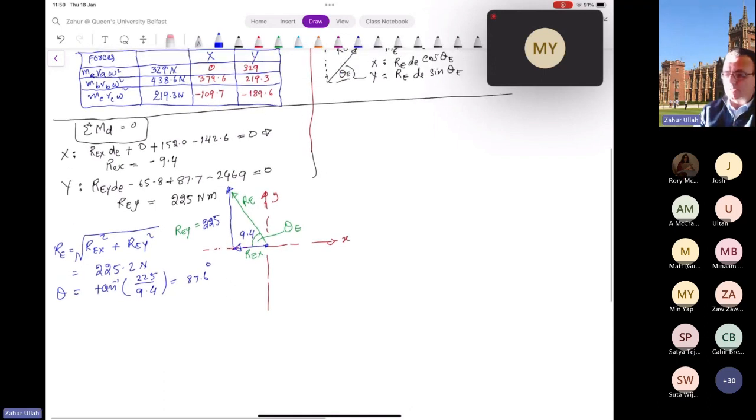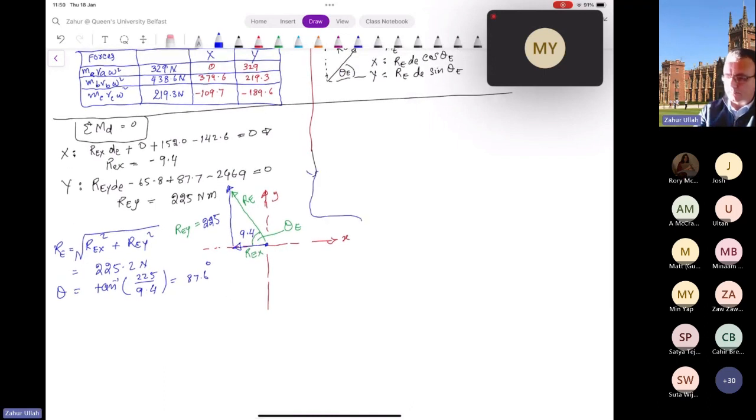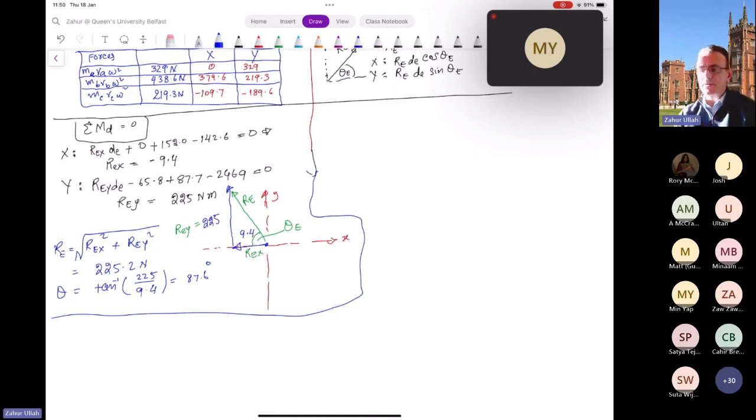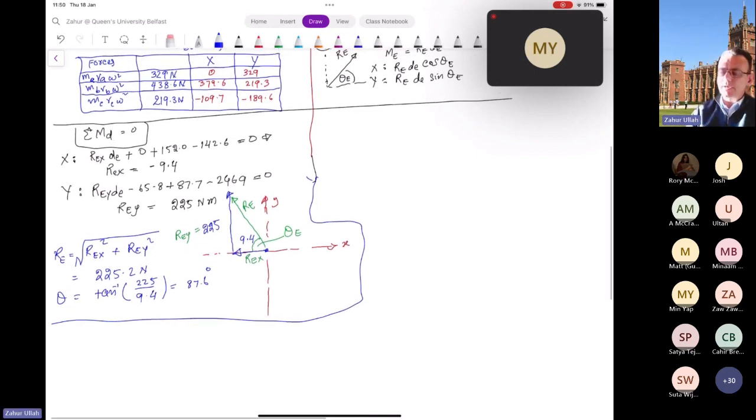Okay, so this was our way to calculate the RE. So is there any question in this case? So far, is there any question?